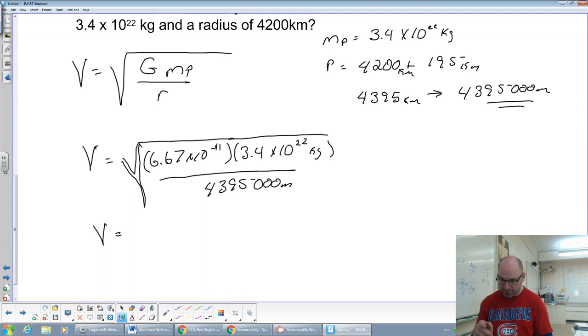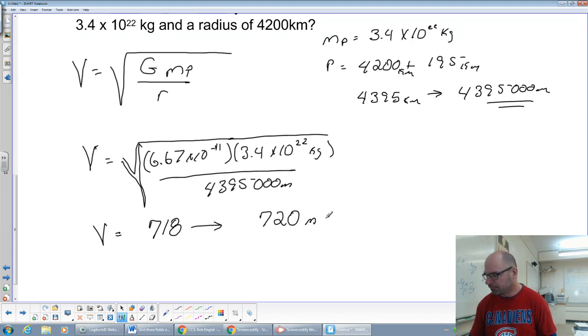Then we don't forget to square root that at the end to get about 718 meters a second. It's pretty big. Sorry, guys, two significant figures, so maybe 720 meters per second if we do two significant figures.